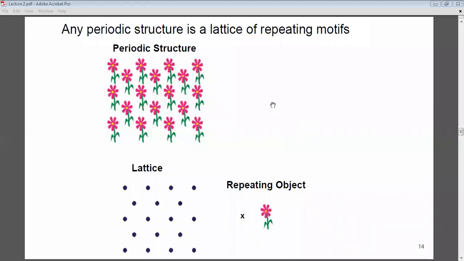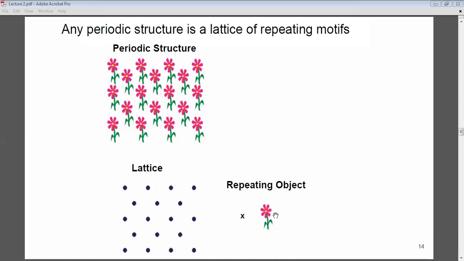Any periodic structure is a lattice of repeating motifs. Look at this periodic structure of flowers. This periodic structure of flowers, we can see it as lattice points, where every lattice point is covered by a flower.